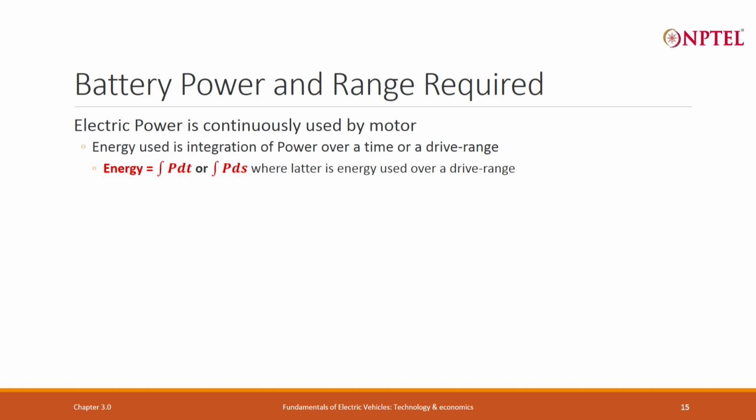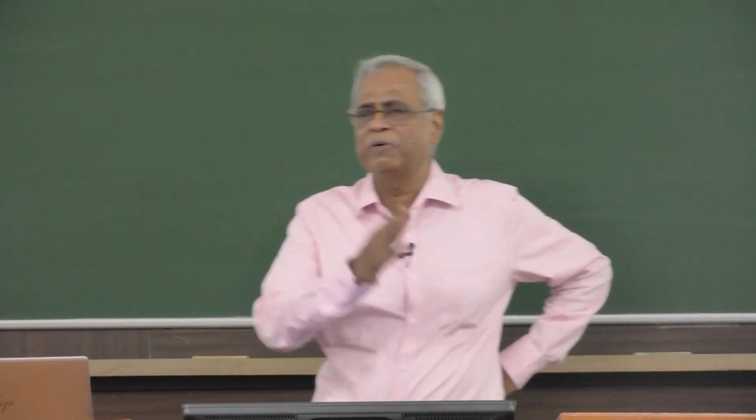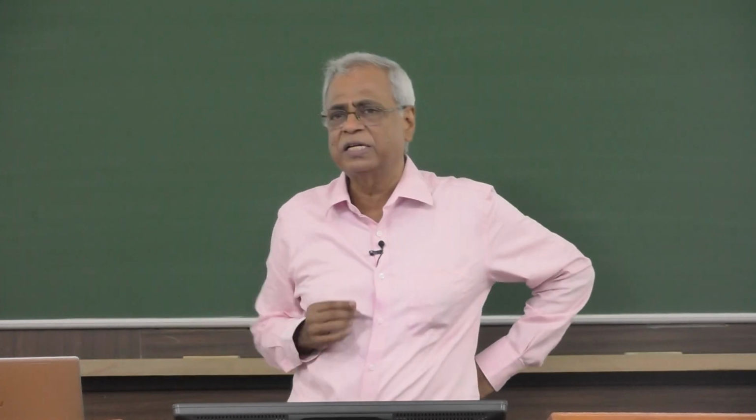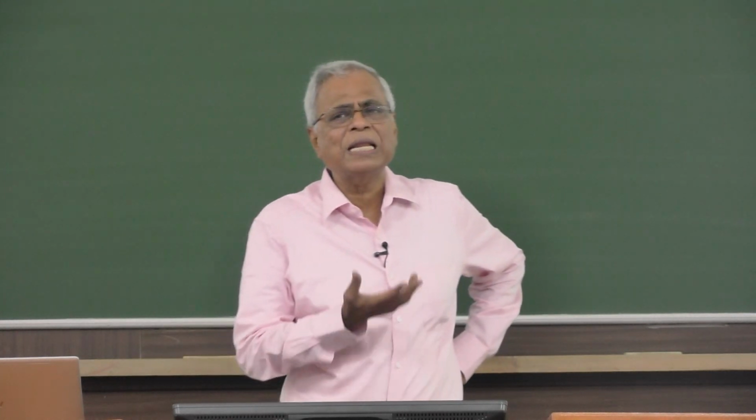So, what is the total energy that is taken out from the battery? What is the total energy used? Energy is always power integrated over time or power integrated over distance. If you are figuring out power versus distance, it is power integrated over distance, or you can say power versus time, in which case you integrate over time, and this will tell you the total energy that is consumed.